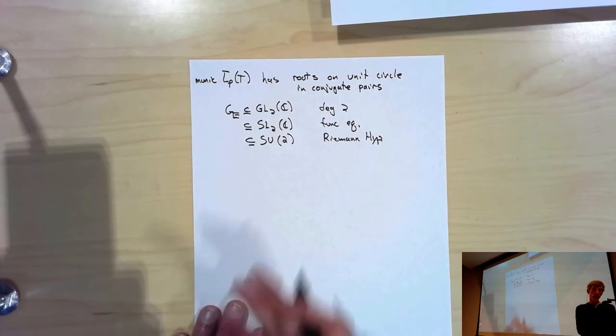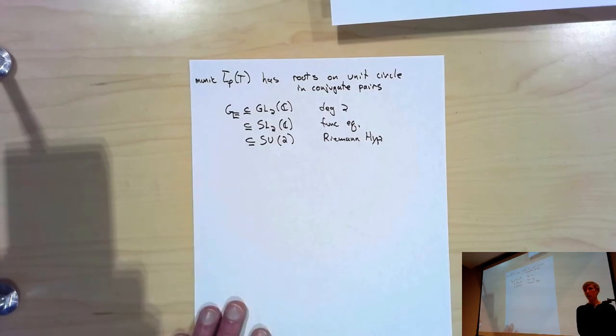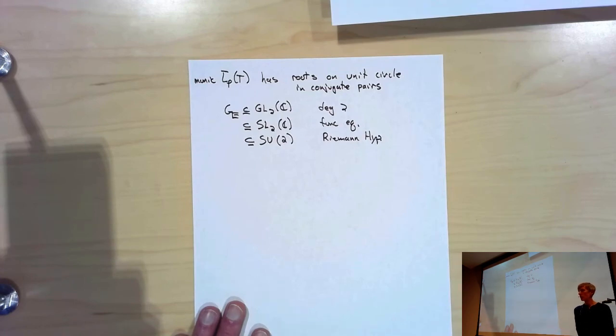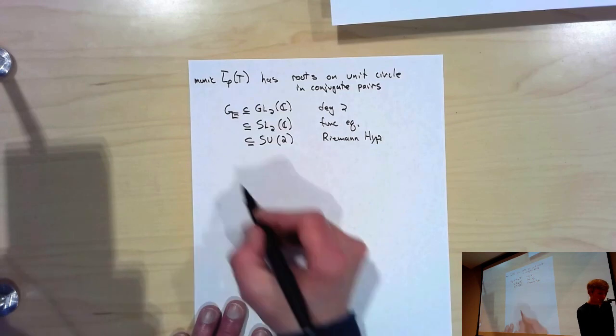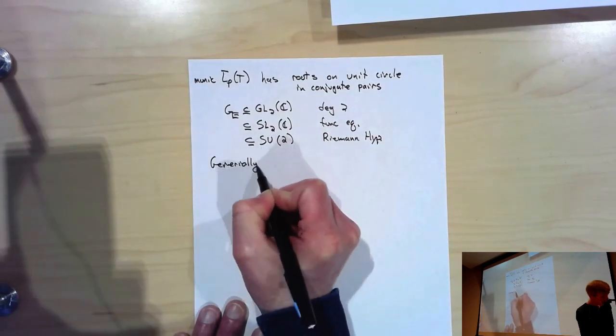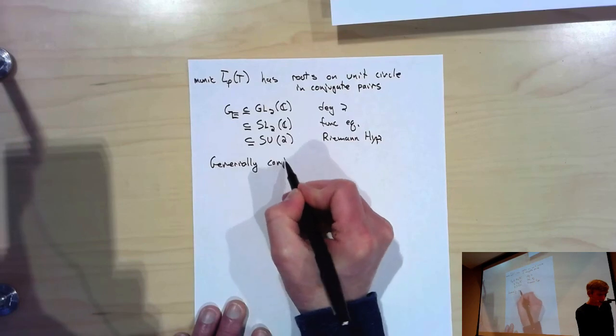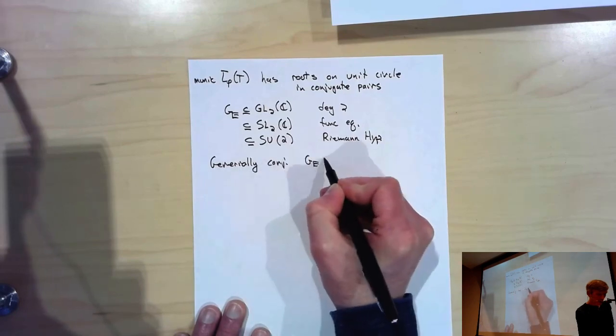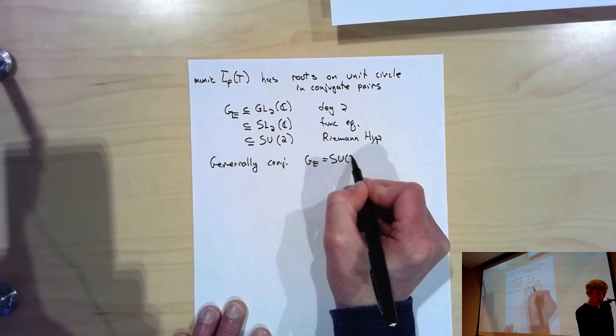But once we're inside SU2, the characteristic polynomials that we get all look like the normalization of some Weil polynomial. And so generically, we might conjecture that G_E should be, in fact, equal to SU2.